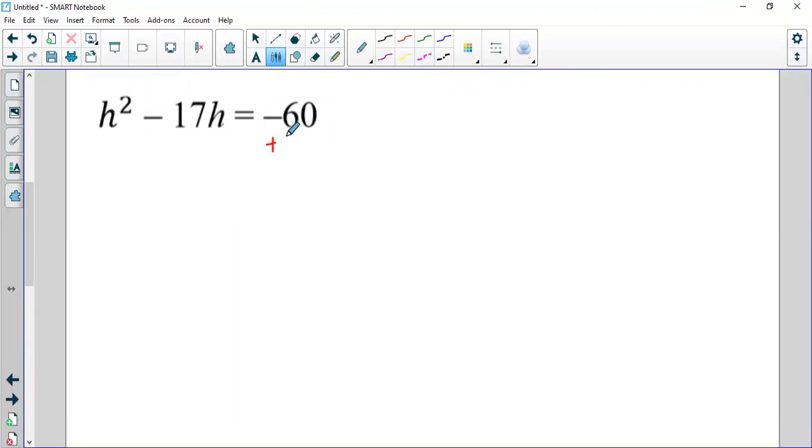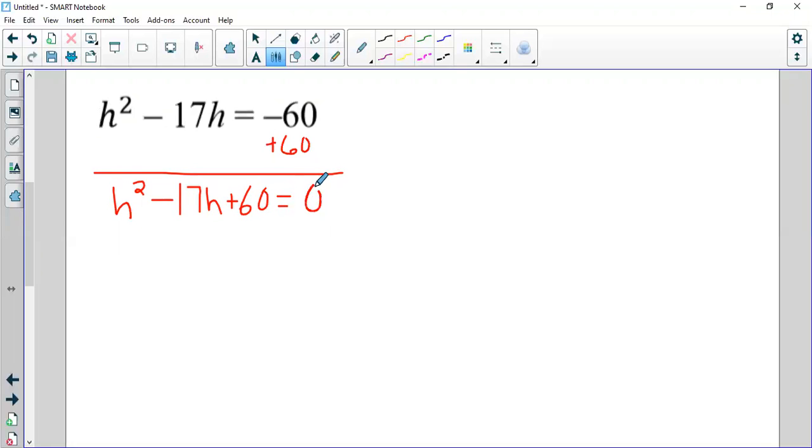So if I add 60 to both sides, now my equation says h squared minus 17h plus 60 equals zero. You must make your equation equal 0 to use the zero product property. If your equation does not equal 0, the zero product property does not apply.